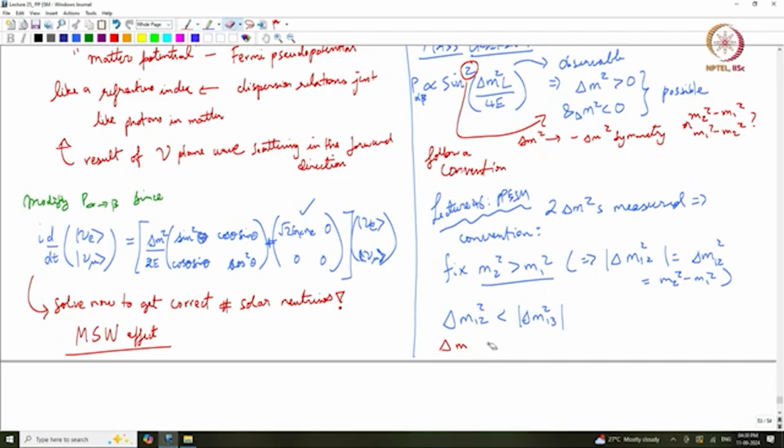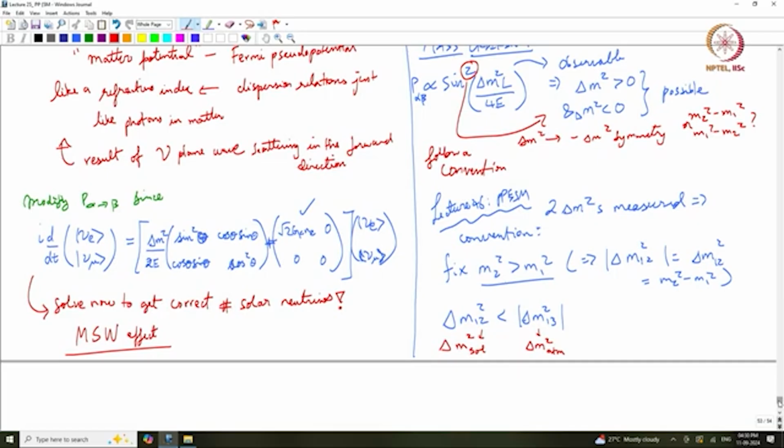I am going to identify the solar neutrino difference in the mass squares to be delta m12 squared, and I am going to identify the other one, the atmospheric neutrino delta m squared, as delta m13 squared, because these are just two measurements, I do not know yet which one is what, I am just going to make this identification. And indeed this is 10 power minus 4 roughly, and this is 10 power minus 3, right. So this is fine.